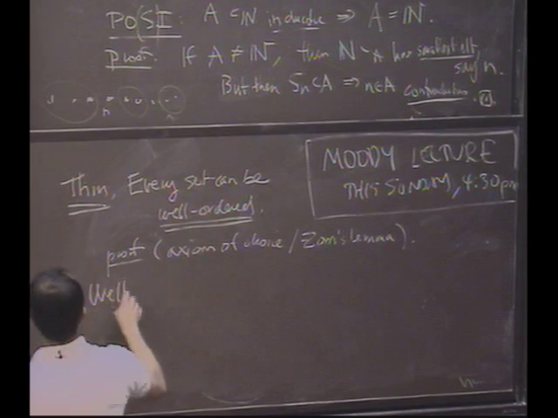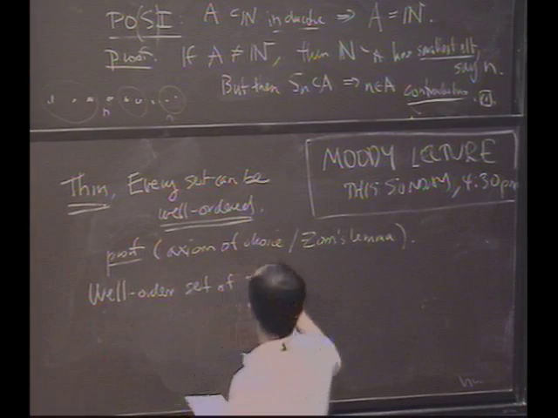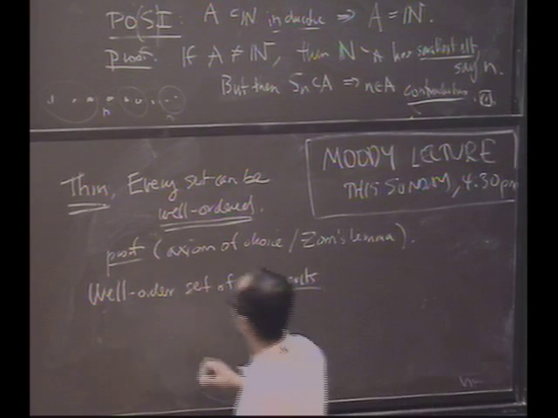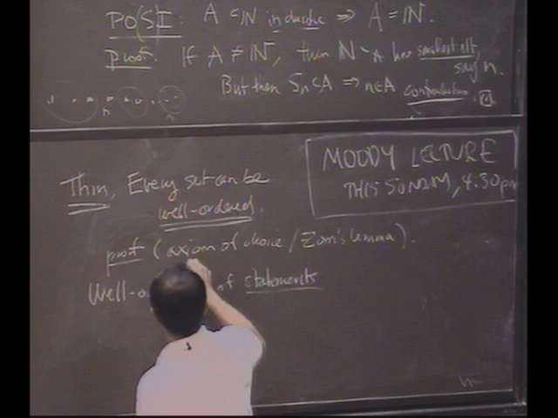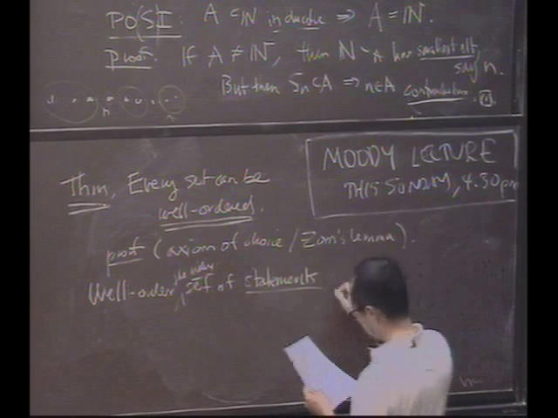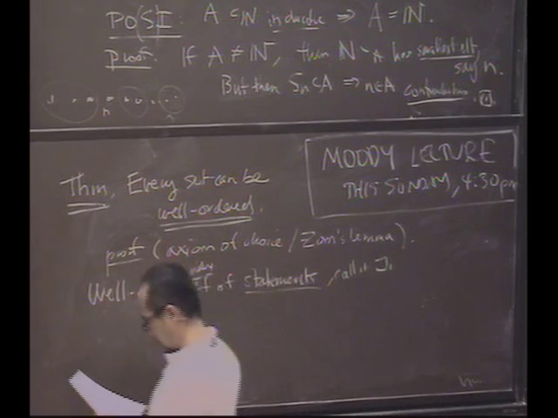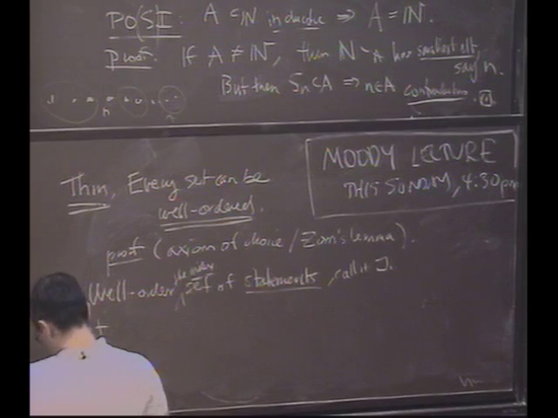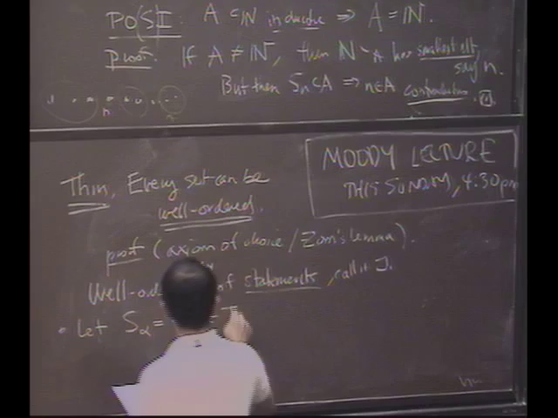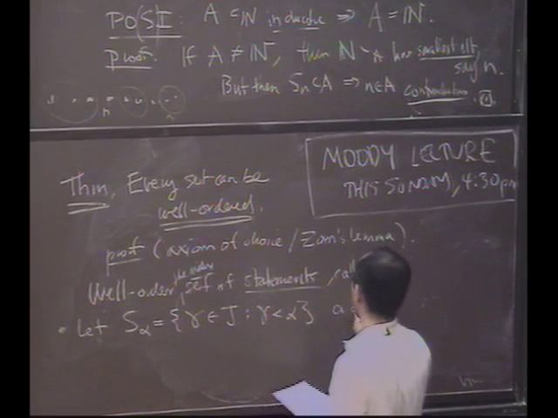Let's well-order the set of statements we're trying to prove, or well-order the index set, let's call it J. Then everything I said above is going to hold, except I'll call S sub alpha the set of all indices gamma, where gamma is less than alpha, a section.